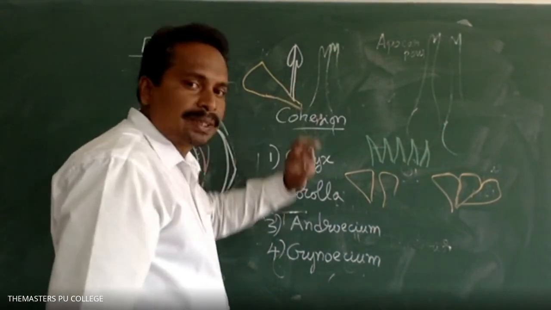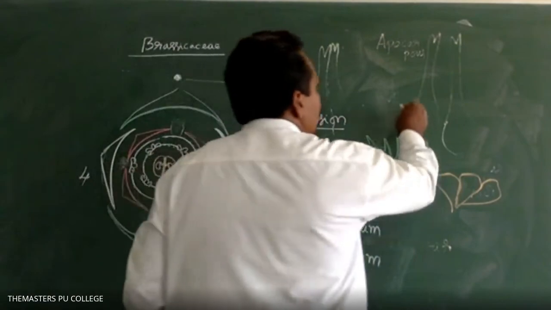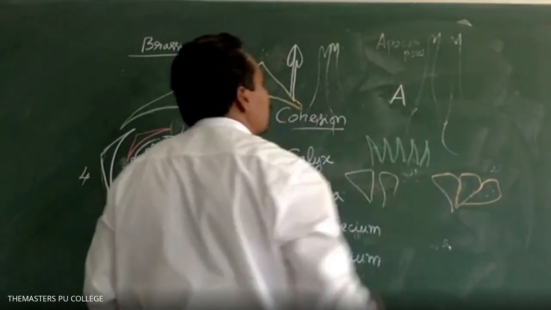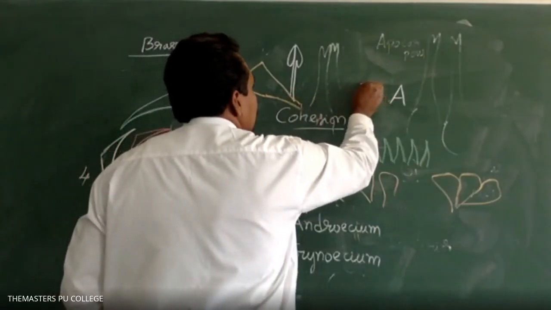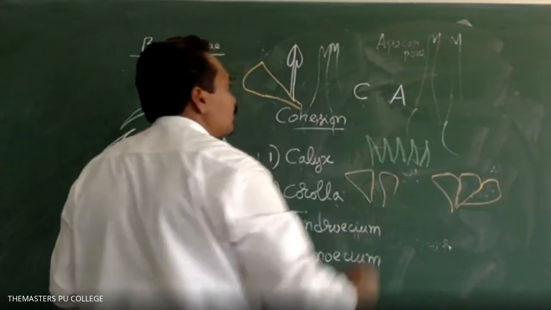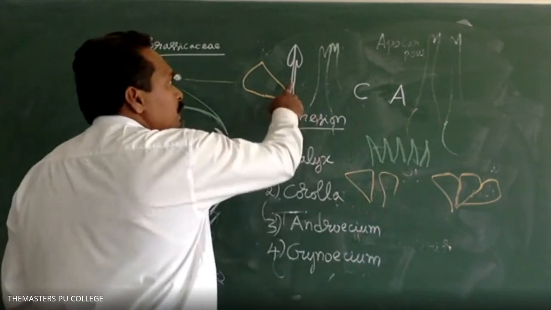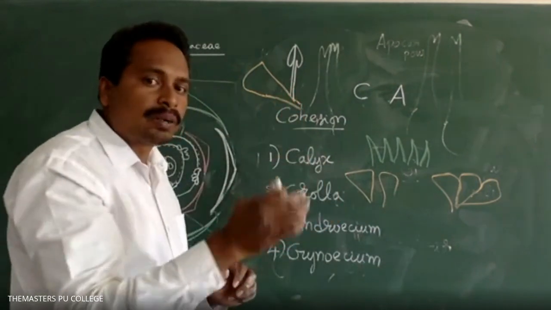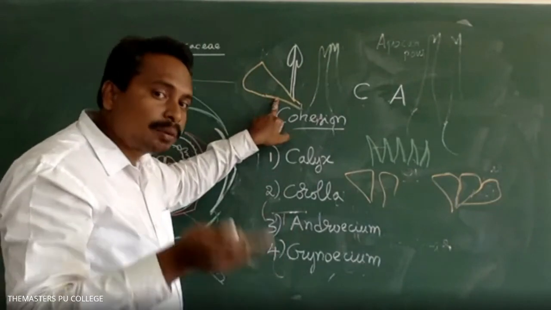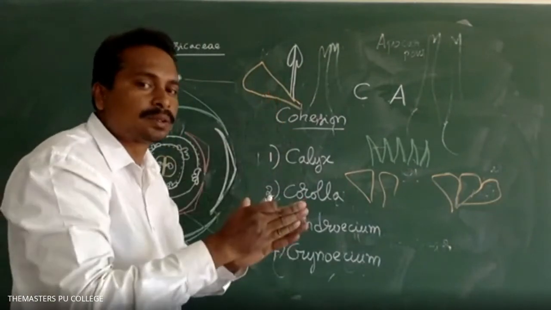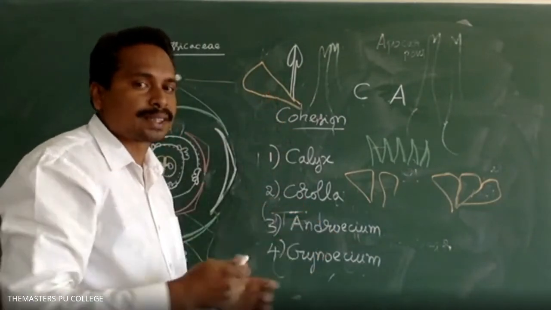So the androecium is denoted by which symbol? A. Very good. Corolla is denoted as C. The stamen is a member of androecium and the petal is a member of corolla. These are two completely different whorls.